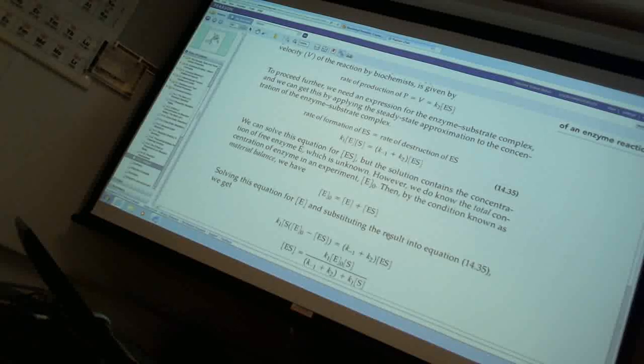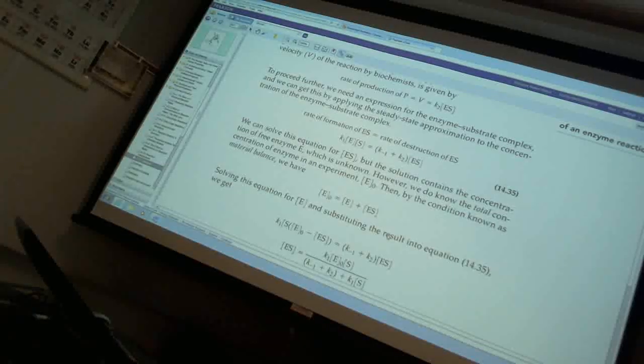If the second step is extremely slow, then K2 is very, very small, and this term is negligible, and we get the fast reversible case, right? But we aren't going to worry about that. We're just going to continue with this. What do we want to solve this for? The ES.